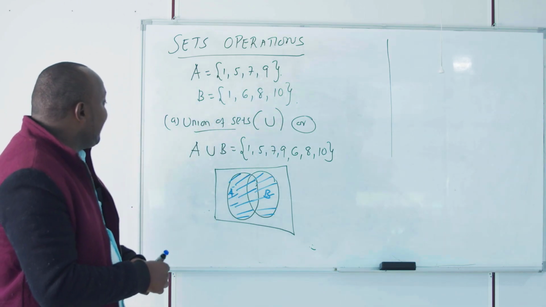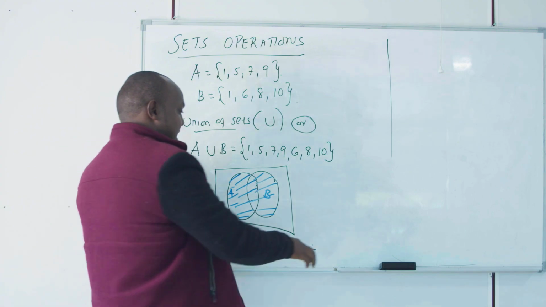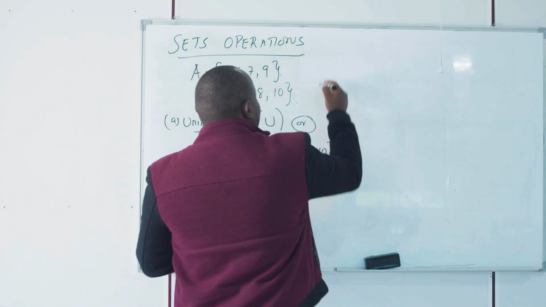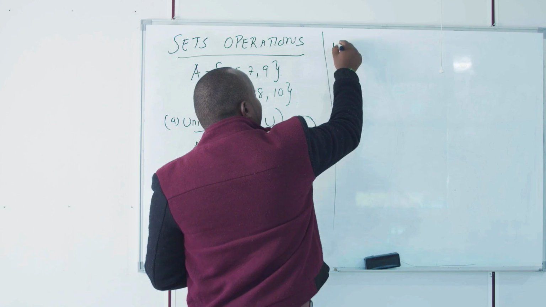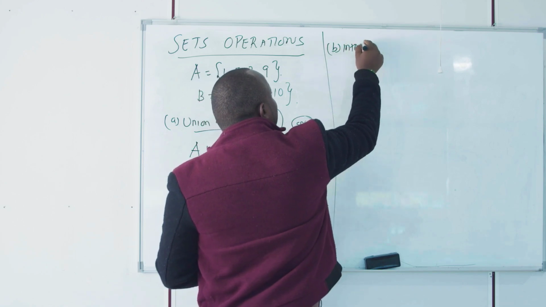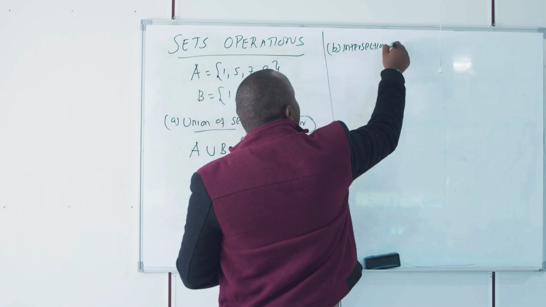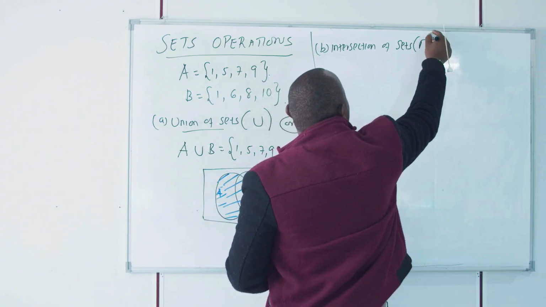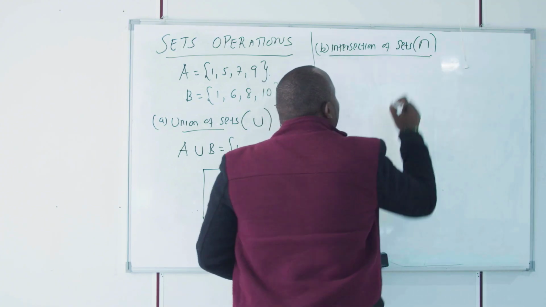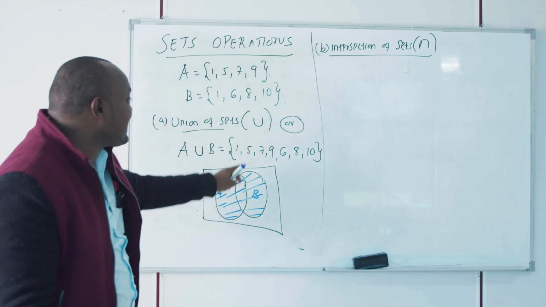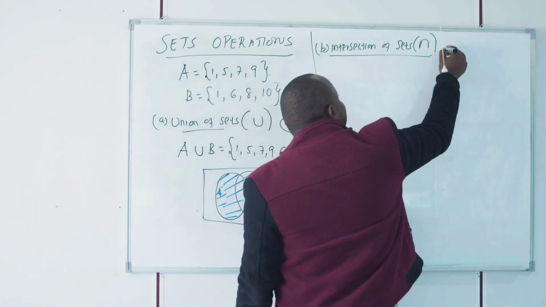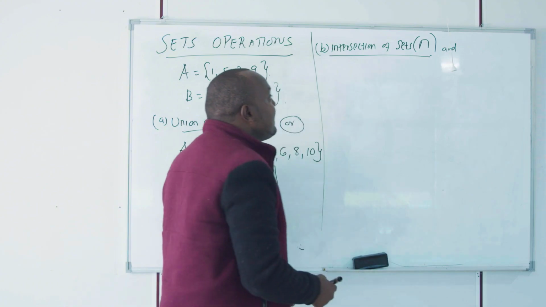Let's look at now the second one, the intersection of sets. We use this symbol. So when we talk of intersection, just like the way I said we use mostly the word or for union, in this one we use and to mean intersection.